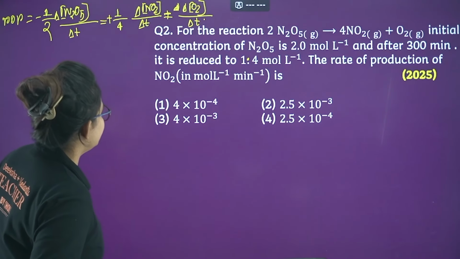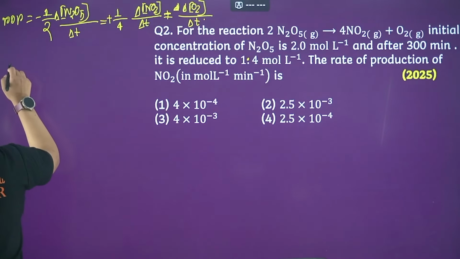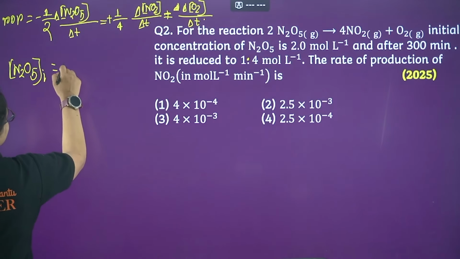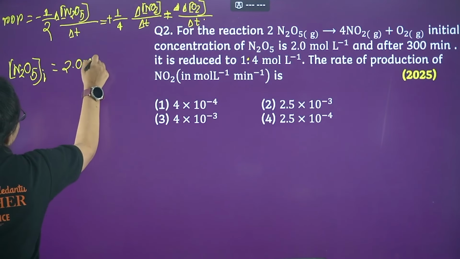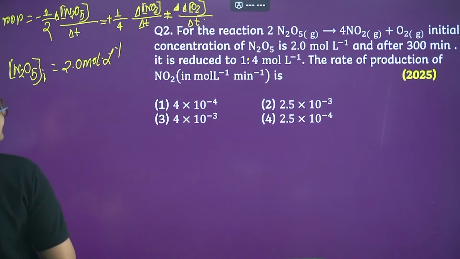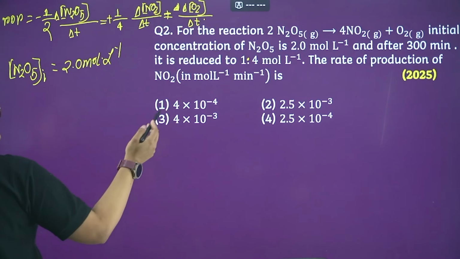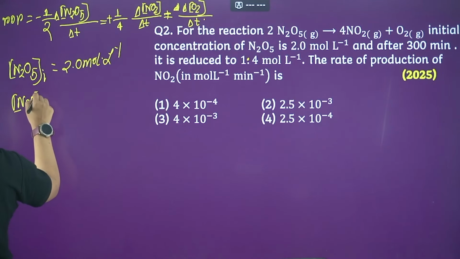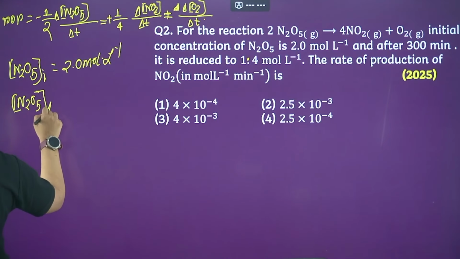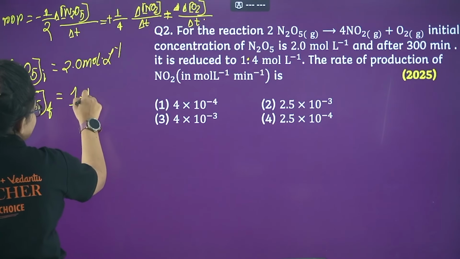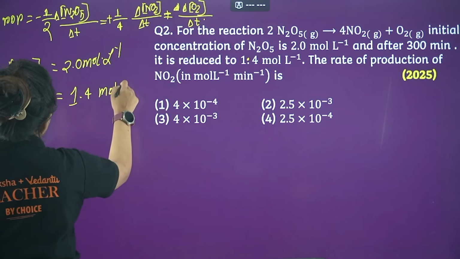Initial concentration of N2O5, let's say, is given as 2.0 mole per liter. After 300 minutes, the final concentration of N2O5, F meaning final, is 1.4 mole per liter.